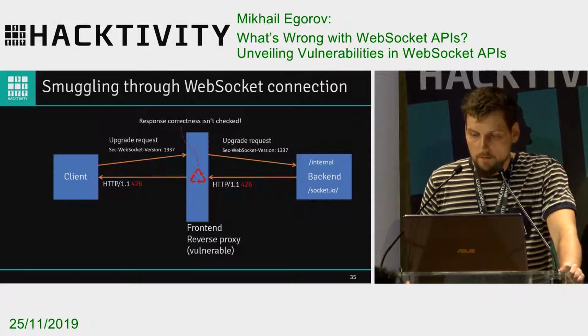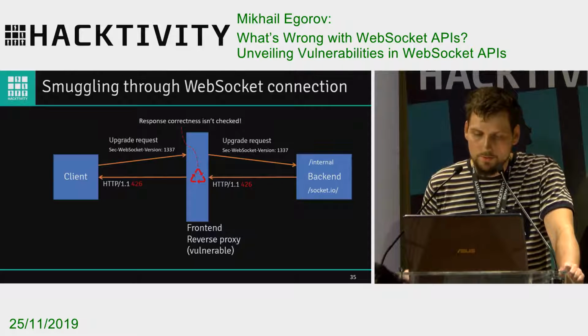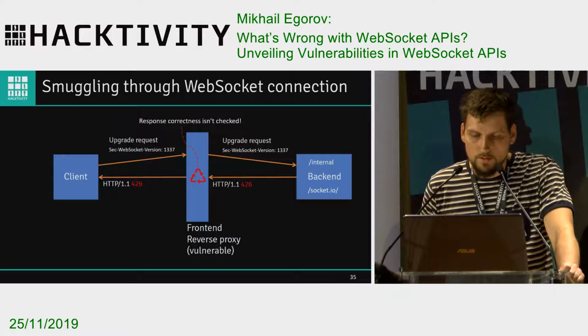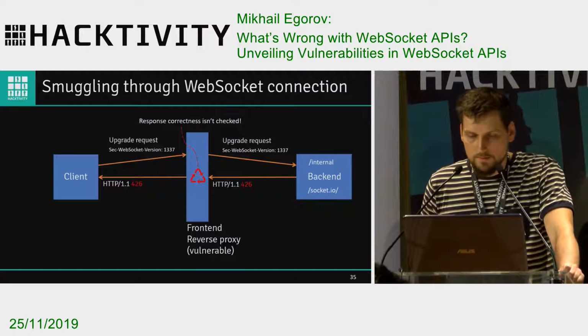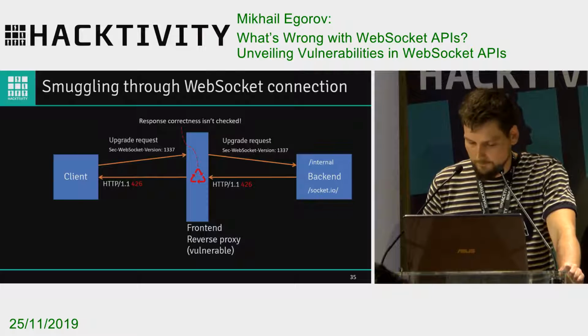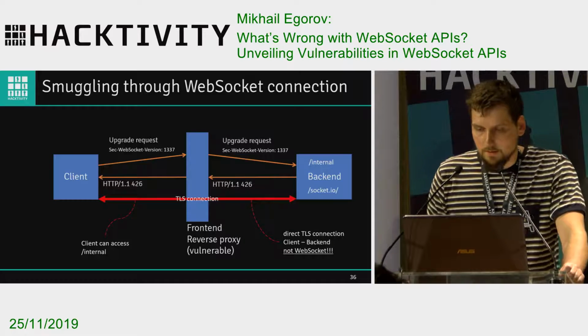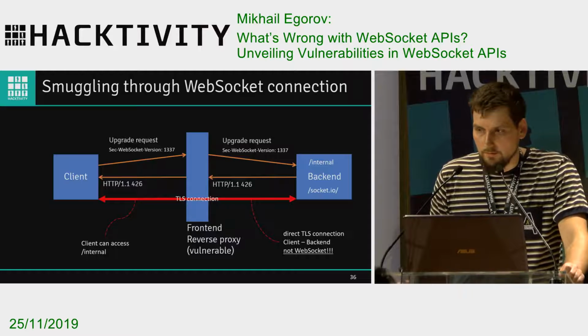connection. The reverse proxy translates the HTTP response to the client with status 426 and keeps the TLS connection between client and backend in open state. So there is no real WebSocket connection, only a TLS connection.